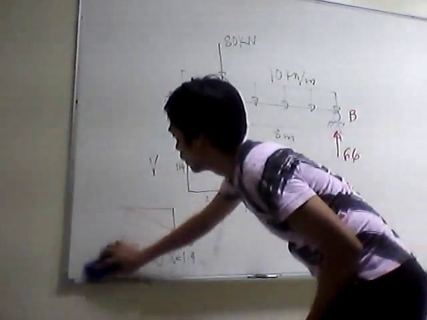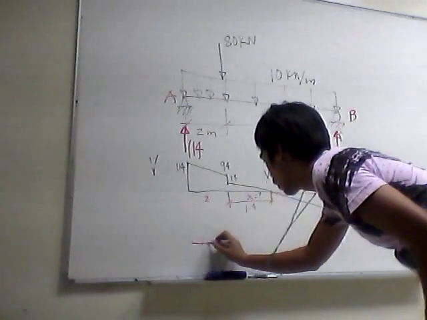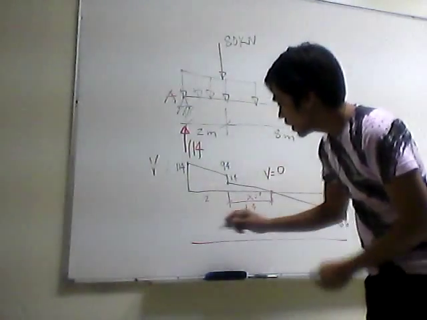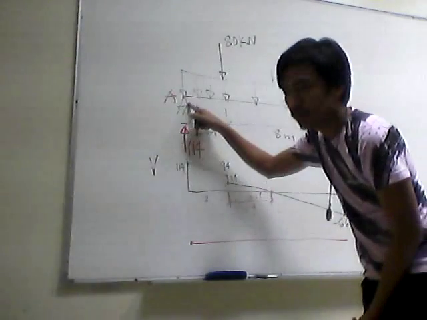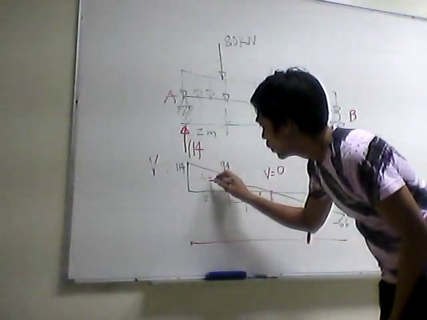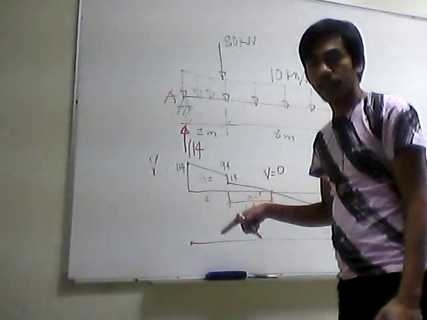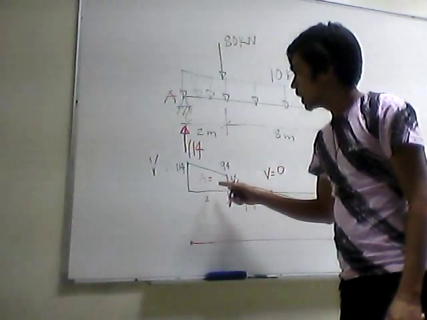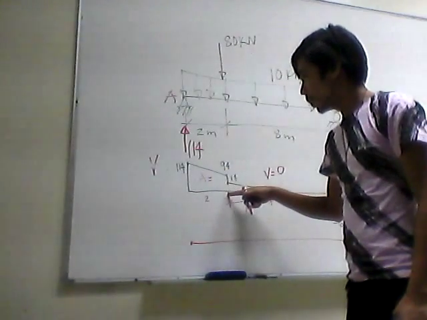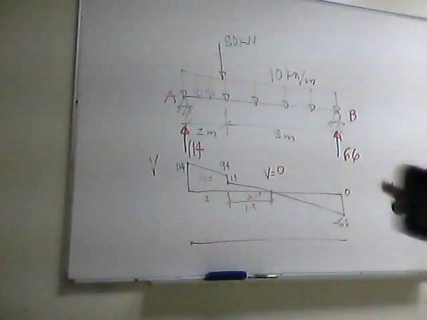Okay. Drawing the moment diagram here. First, we have zero moment at the supports, moment equals 0. And then we are going to solve for the area of the trapezoidal shape of the shear diagram. We know that the area for a trapezoid is 114 plus 94 multiplied by 2 divided by 2.